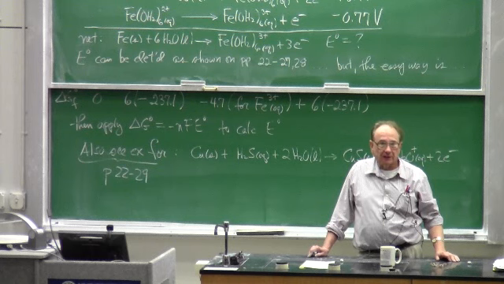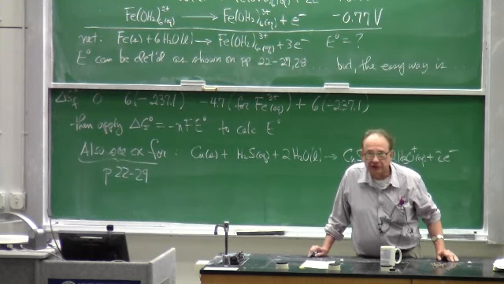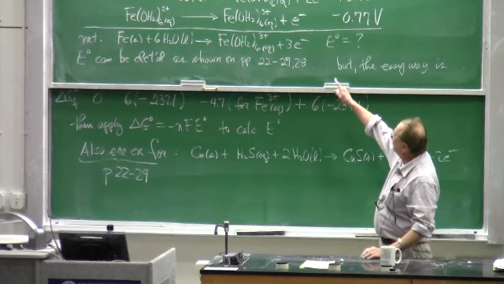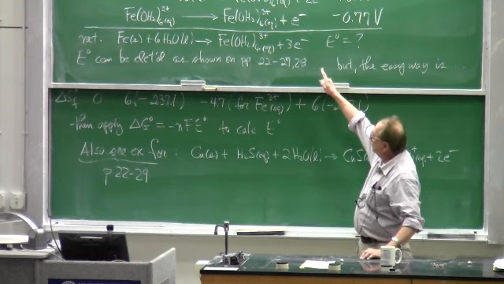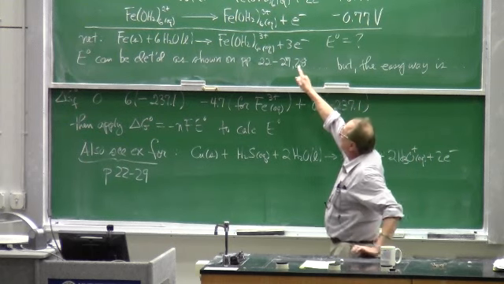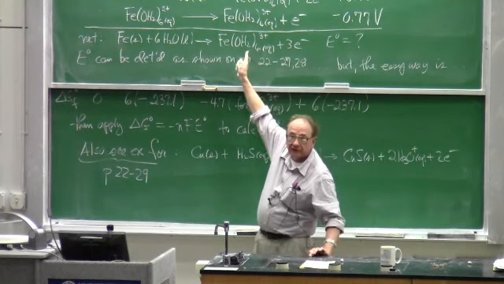Then apply Hess's law. This allows you to get straight away delta G0 for the half-cell reaction, which is what we did with this procedure that we just talked about and which is illustrated in the notes.